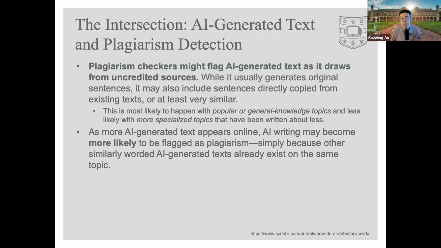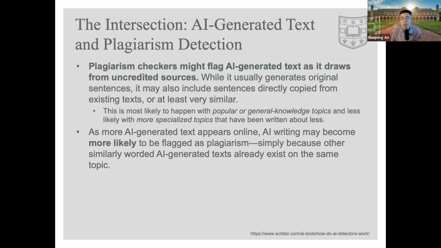This kind of error is more likely to happen with popular or general knowledge topics that are abundant on the internet, and less likely with more specialized topics that have been written about less. If we consider the capacity of large language models in generating text, recently OpenAI announced that their models alone can generate 10 times as much text as all human beings can generate in a year.